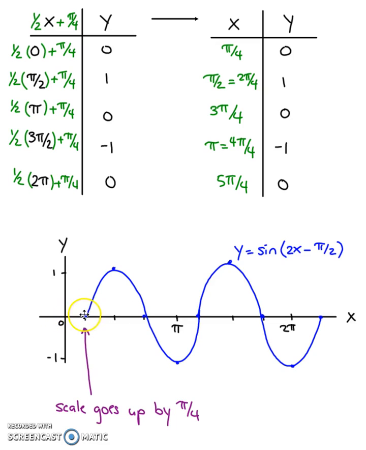So 1, 2 pi over 4s, and then at 1. And then let's try one more. Here's 5 pi over 4 and 0. So let's plot that point. 1, 2, 3, 4 pi over 4s and 5 pi over 4s, and then it's at 0. So I put a dot right there. You guys getting it so far?